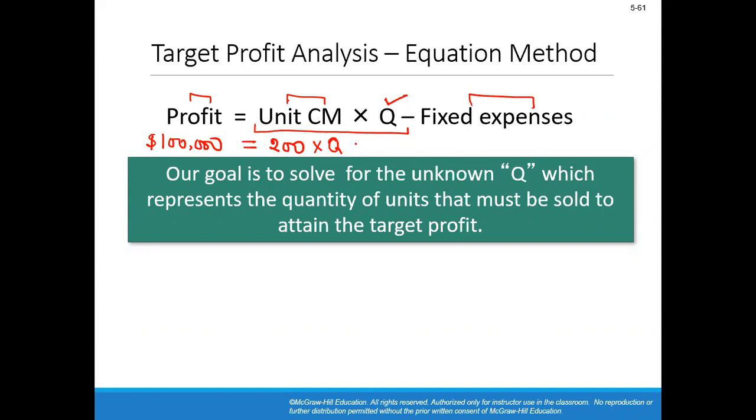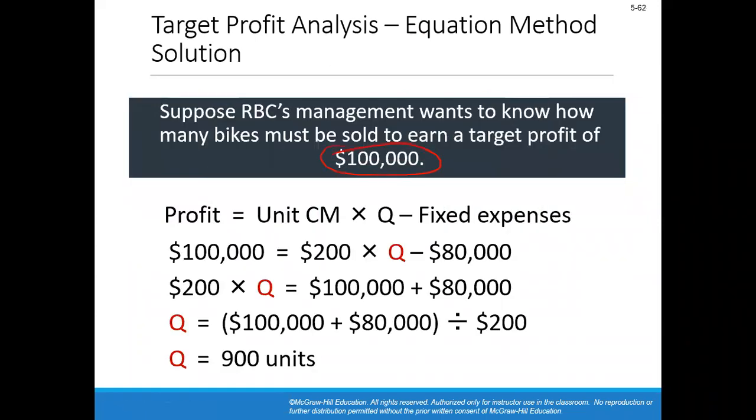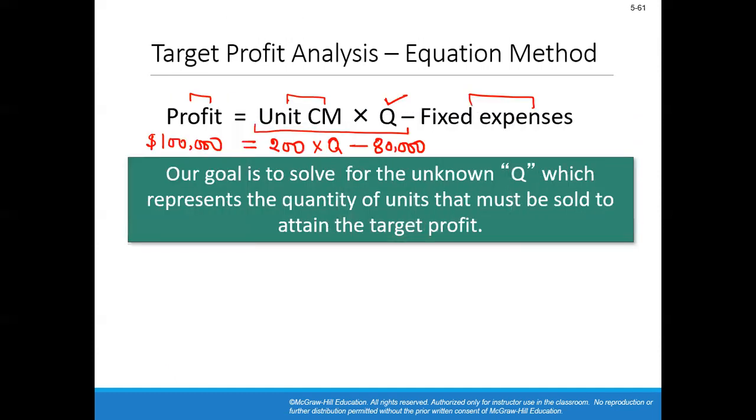Q is unknown. Can you recall the fixed expenses? Was it 60,000, 100,000, or a number between these two? Yes, good, 80,000. If you solve the equation for Q, you'll get Q equal to 900 units.